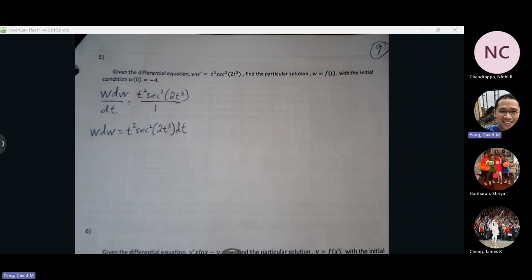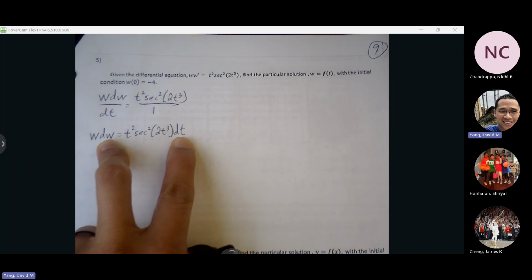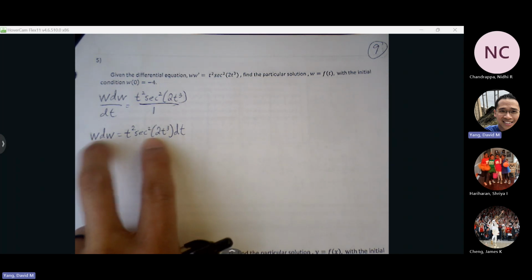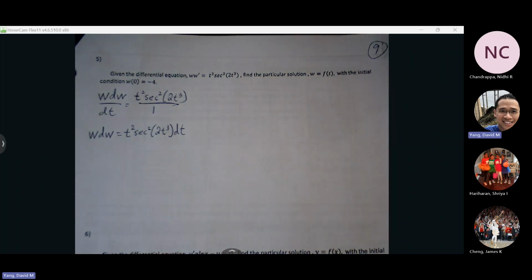We want W's on the left, T's on the right. And at this stage, even though when I cross multiply, my goal was just to get the dw and dt in the right places, and they are, but it looks like I already have full separation of variables. So no need to move anything else. W's are already together, T's are already together.